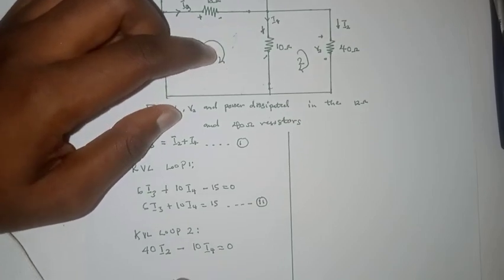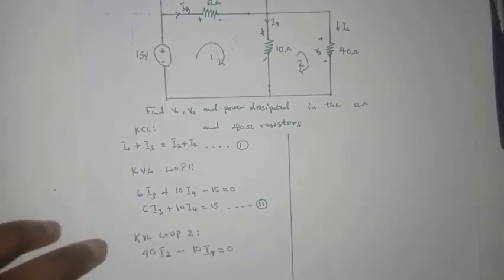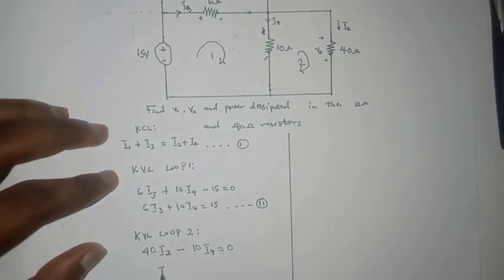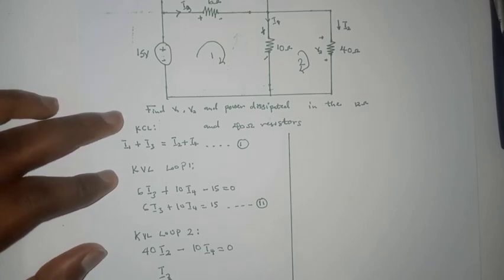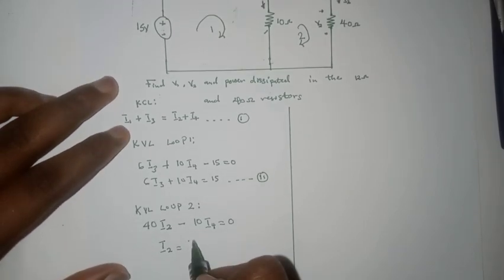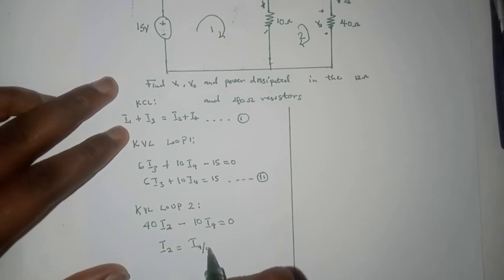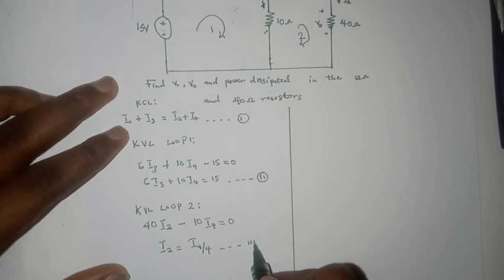Then we can therefore say that I2 is equal to I4 divided by 4. Let's call this our third equation.